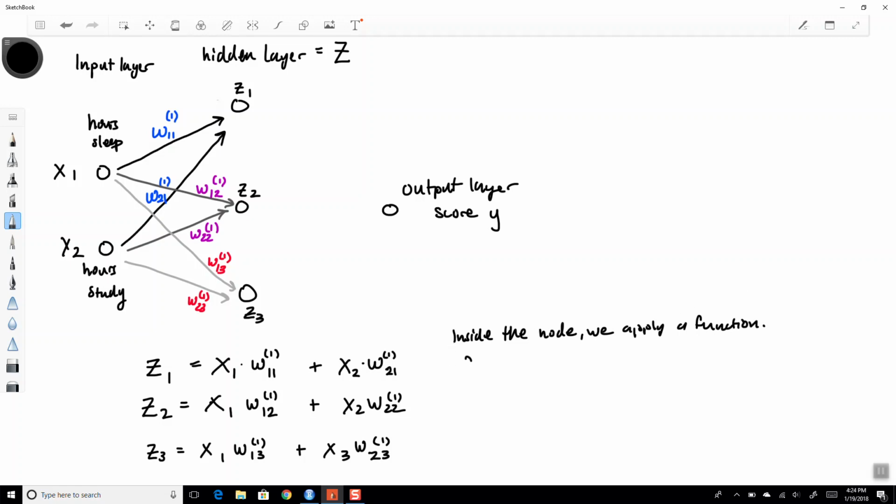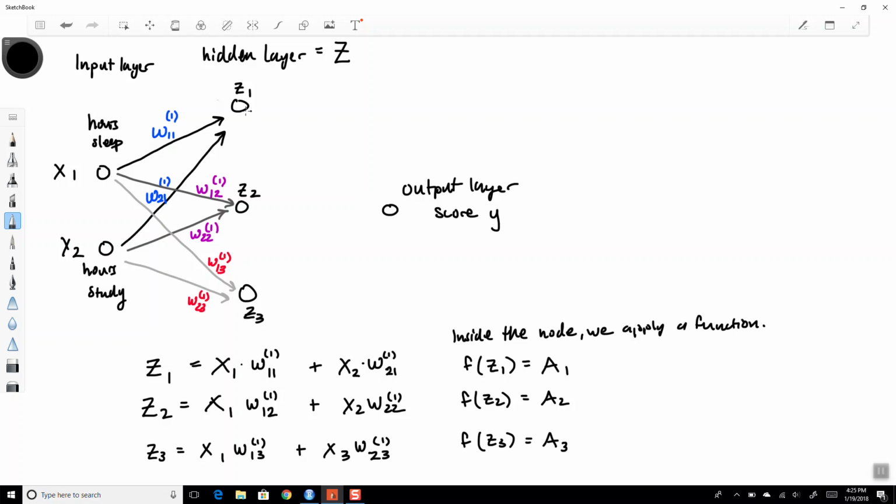Okay, and so we'll just do some function on z1, and the output of that we will call a1. Okay, and then we will apply the function to the value coming into z2, and that will be a2. We apply the function to z3, and that will be a3.